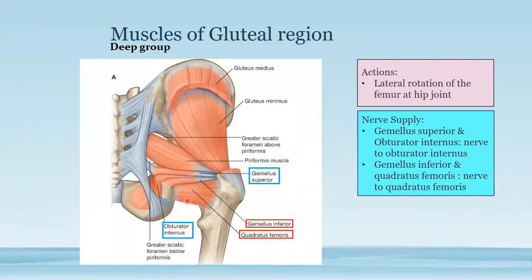They are all lateral rotators of the femur at the hip joint. The nerve supply for the gemellus superior and obturator internus is the nerve to obturator internus, while the gemellus inferior and the quadratus femoris are supplied by the nerve to the quadratus femoris.